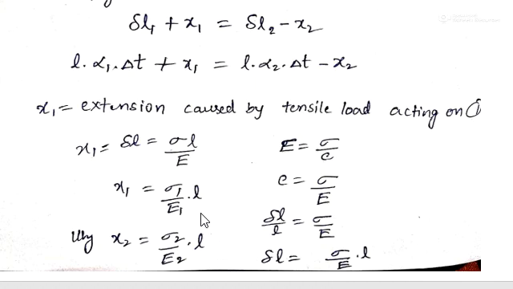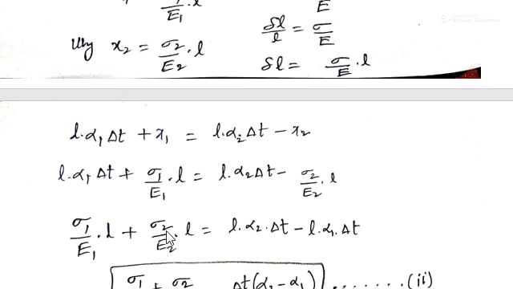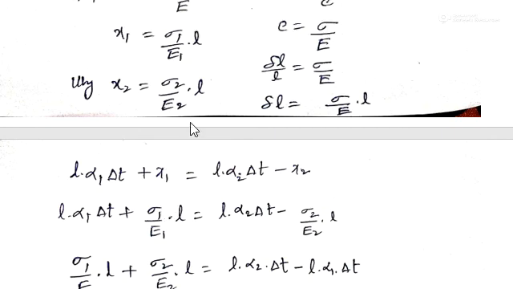If we write x1 and x2 like this and put them in this formula, that is L into alpha 1 into delta T plus, in place of x1, sigma 1 by E1 into L is equal to L into alpha 2 into delta T minus, in place of x2, sigma 2 by E2 into L.